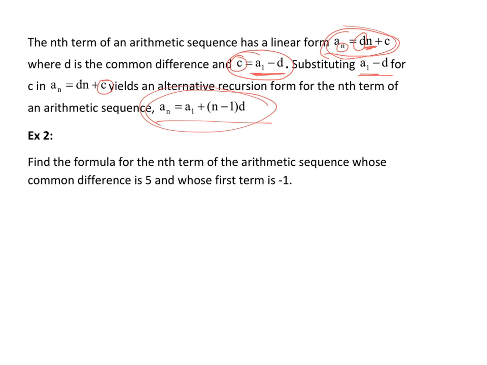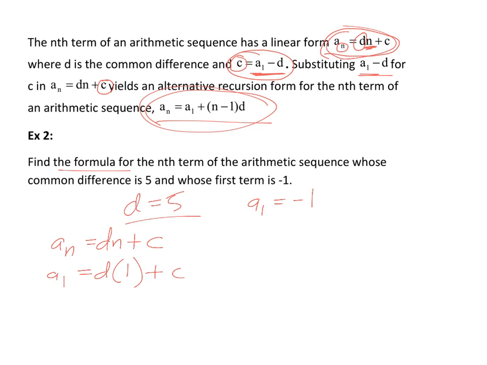Example 2. Find the formula for the nth term of the arithmetic sequence whose common difference is 5, d is 5, and whose first term is negative 1. I'll use this formula to start with. a sub n is equal to dn plus c. Plugging in d, a sub 1 is equal to 5 times 1 plus c, and a sub 1 is negative 1.